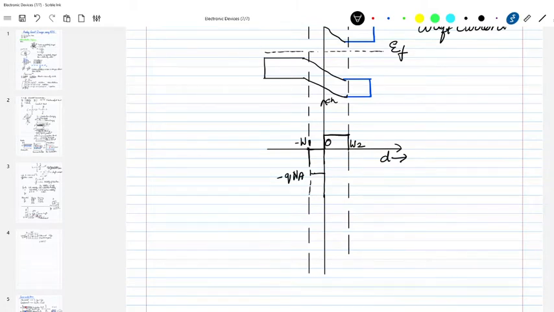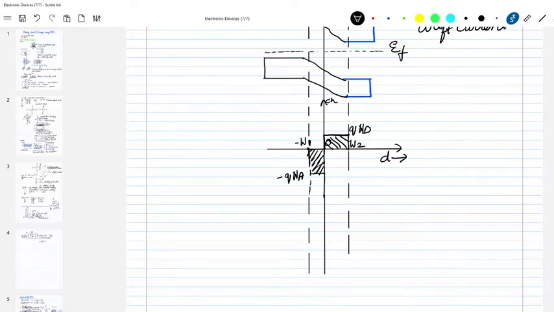So this density is going to be qNd per meter cube, and the total charge is going to be balanced. So how will the total charge be? Total charge on the left hand side is this area, total charge on the right hand side is this area. So this side is negatively charged and this side is positively charged, right?